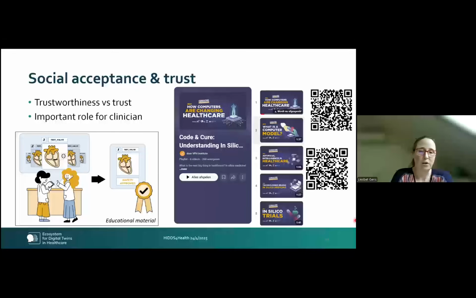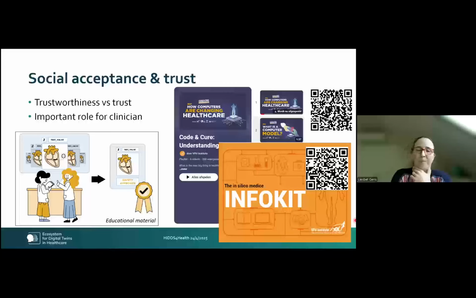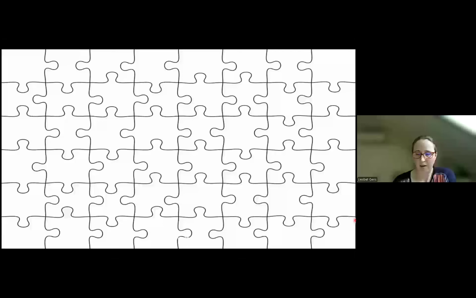So we've been working on a lot of educational material, podcasts, and videos, and ultimately also included all of this in an info kit meant for developers of in silico tools in healthcare, so that they can go and talk to patients and healthcare providers. It has tools on how to run a Delphi survey and how to do all of these things to create or generate trust.